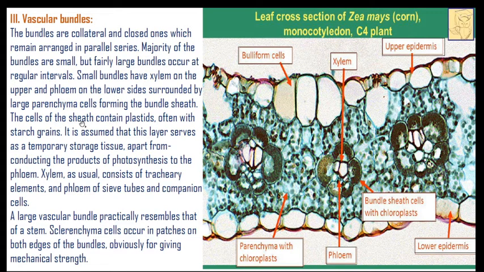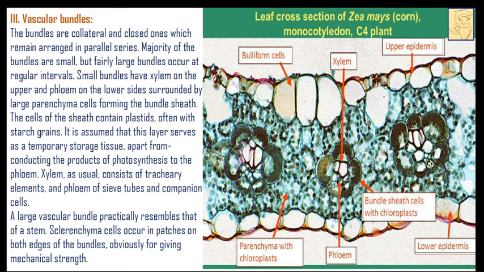The cells of the sheath contain plastids and are also filled with starch grains. It is assumed that this layer serves as a temporary storage tissue apart from the conducting products of photosynthesis. So whatever the photosynthetic material or food material is developed over there can be stored within the bundle sheath cells.